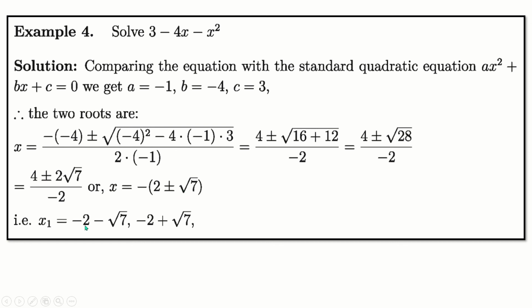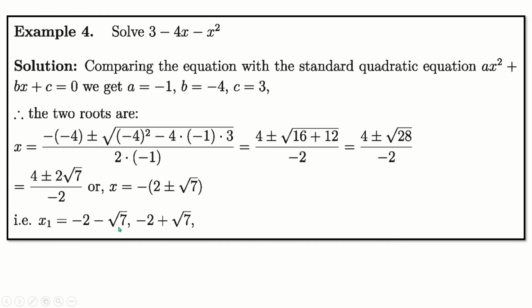Now this will give −2 plus minus square root over 7.